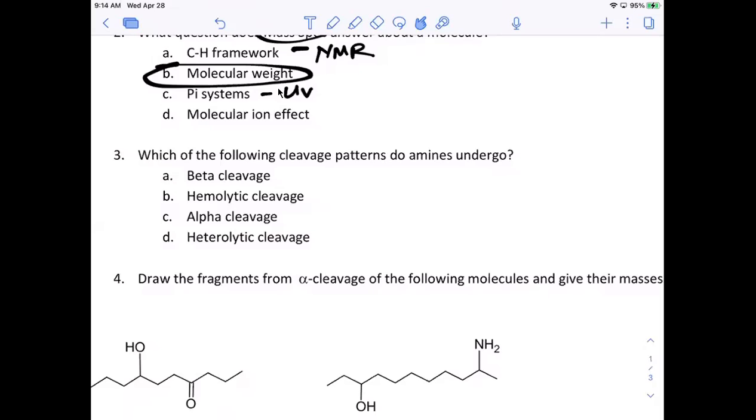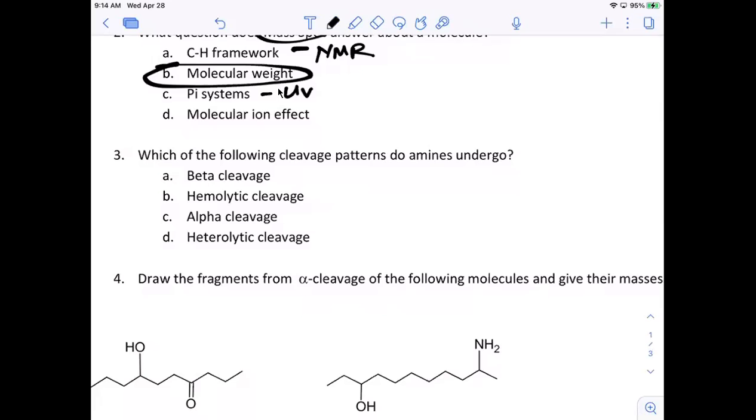It's not B. It is a type of cleavage though, but it's not B. Is it A?